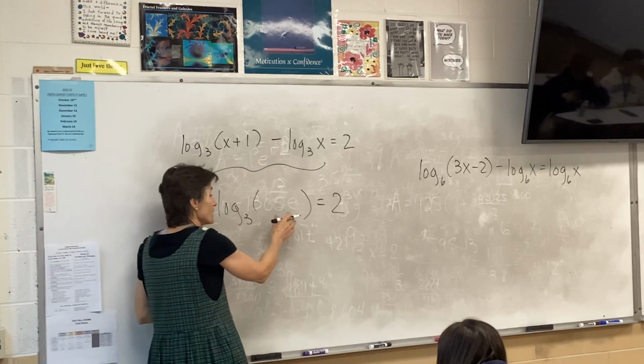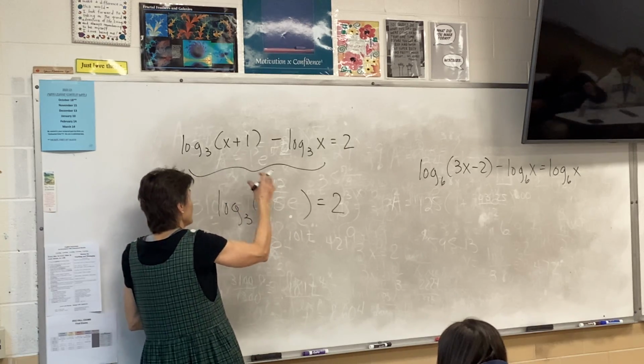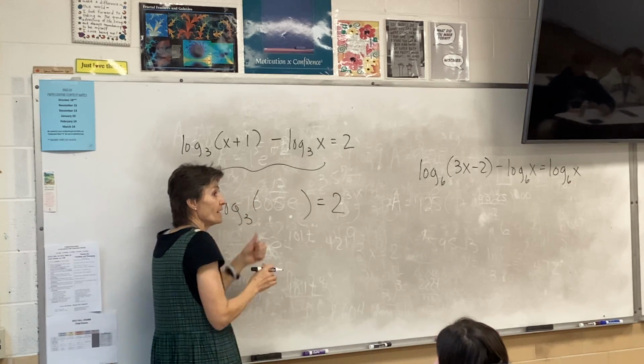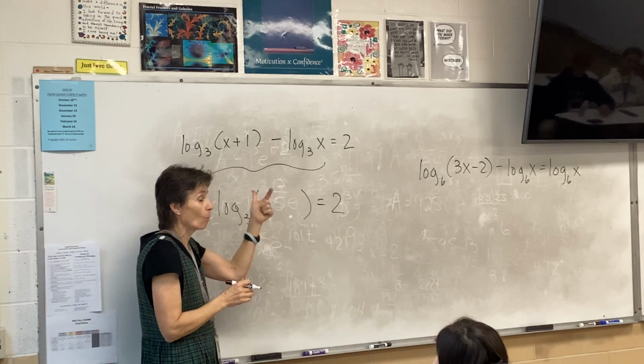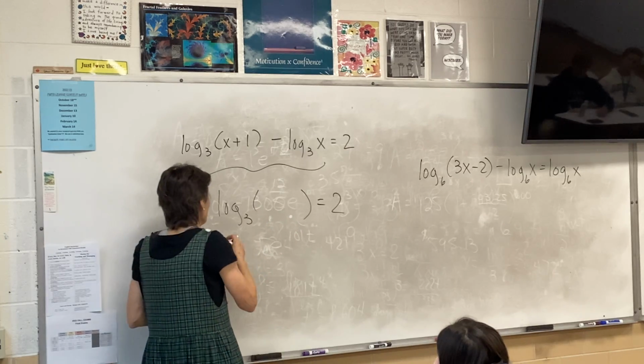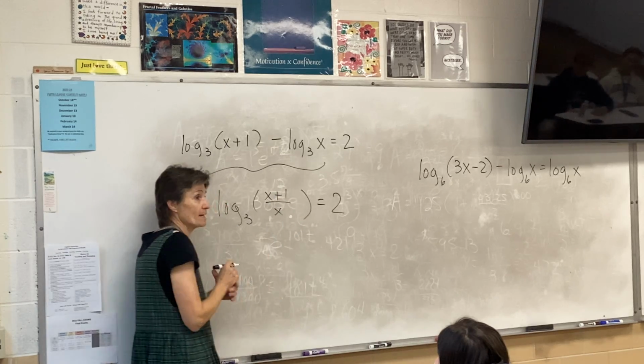So how do they go together? A division. When you put them together, they're gonna go together as either a multiplication or a division. That's how they're gonna go together every time. Since that's a subtraction, I'm gonna put it together as a division.